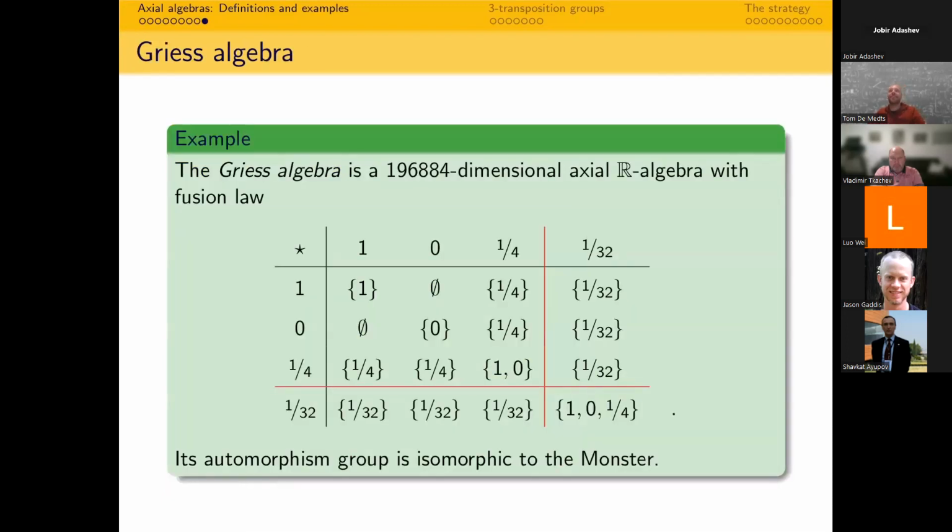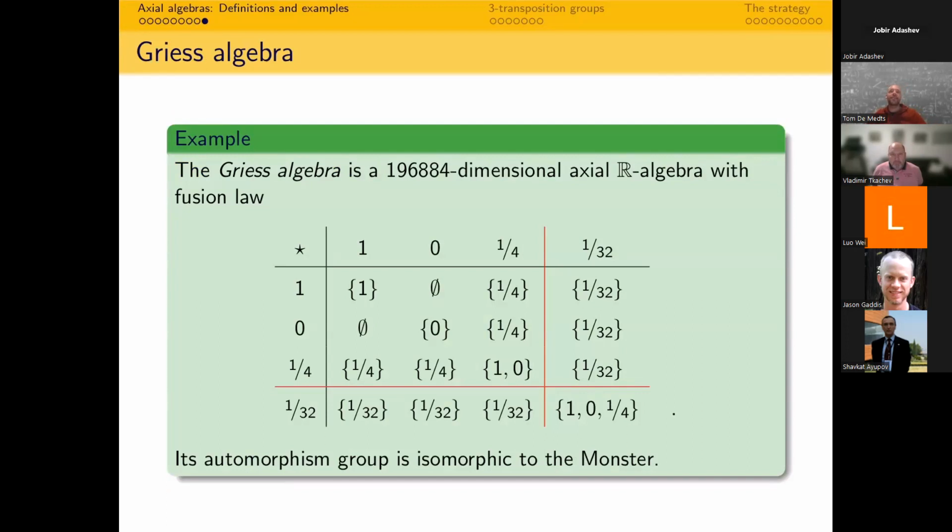Okay, but I cannot resist mentioning this motivating and very important example. It's the Griess algebra, and this really is the origin of the whole area. I would say it's a huge algebra of dimension 196,884, originally defined by Bob Griess over the reals.